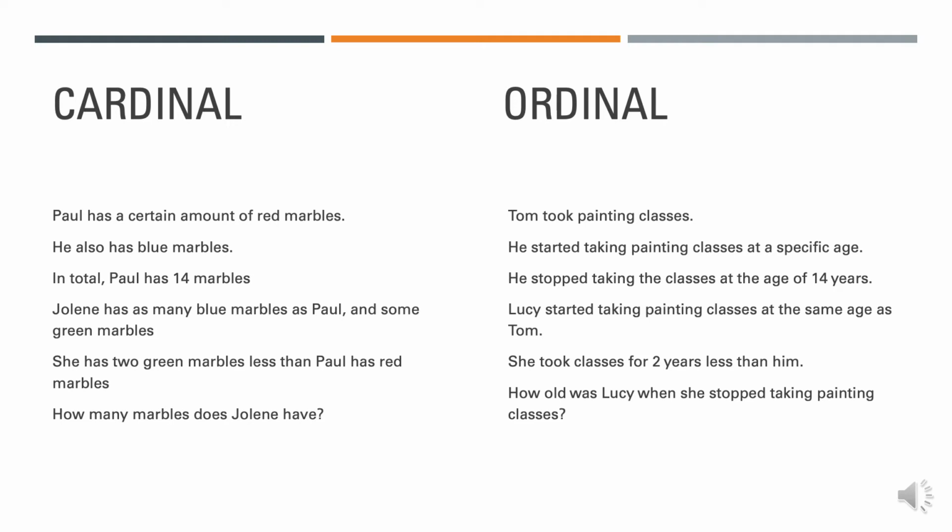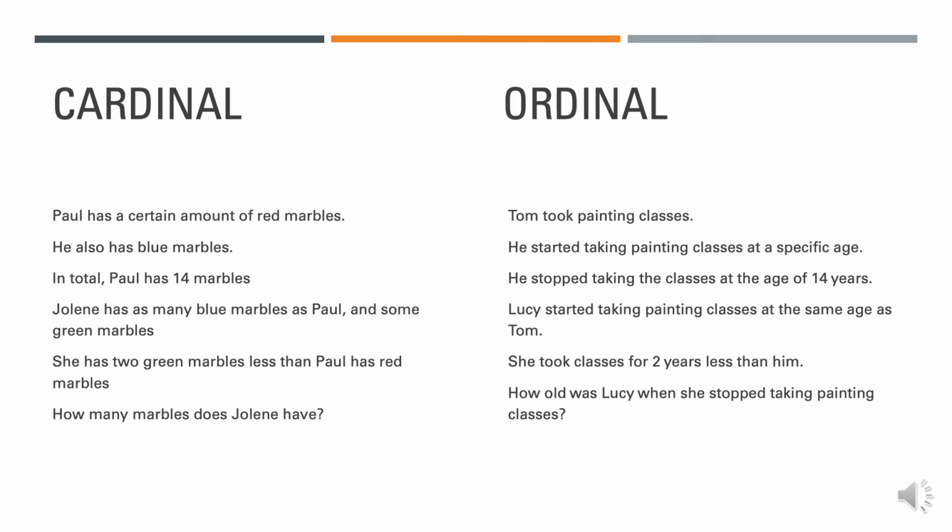The 3rd line fails to rule out the possibility of Paul having another colour of marble. So when it's revealed that Jolene has green marbles, there is no information in the cardinal problem which rules out the possibility of Paul having green marbles.